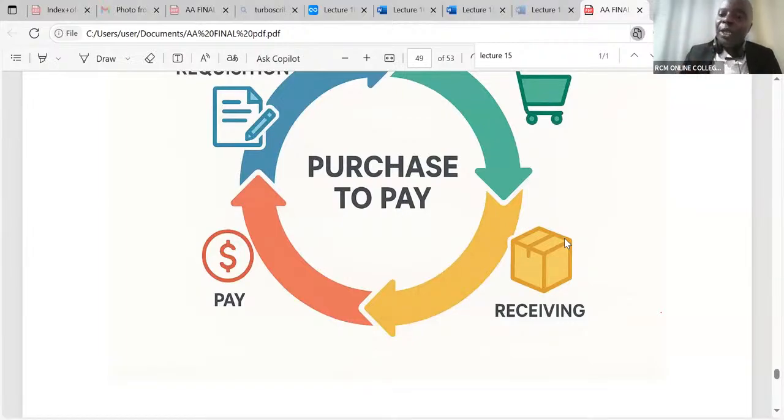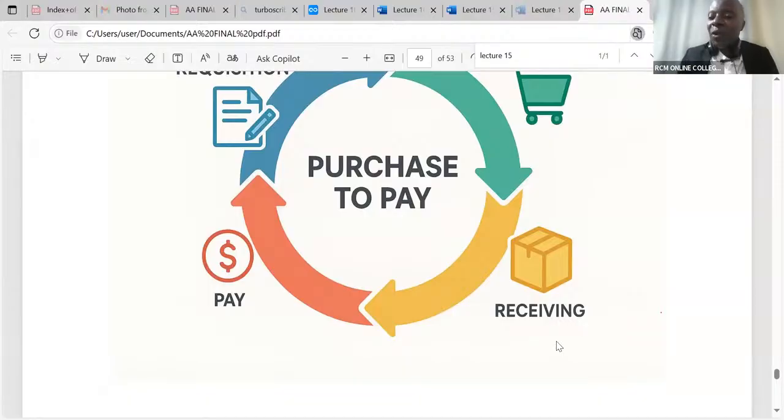So we shall get this goods received note showing the name of the item, the quantity ordered, and then the quantity received. If there are any discrepancies, this person should be able to make comments there. And then, at the end of the day, the person receiving must always sign.